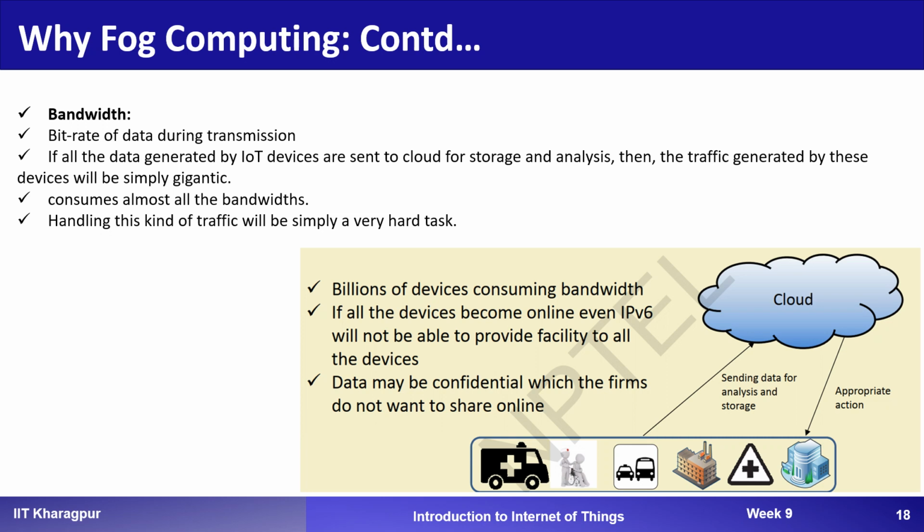It consumes almost all the bandwidth. Handling this kind of traffic is a very hard task. There are billions of devices consuming the bandwidth, and if all the devices become online, even IPv6 will not be able to provide facilities to these devices.